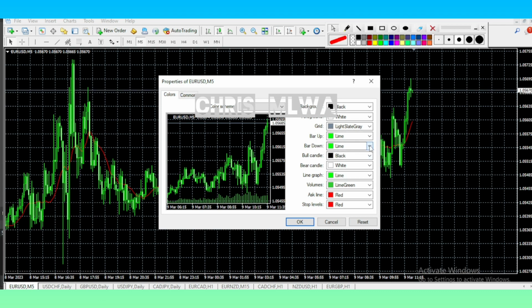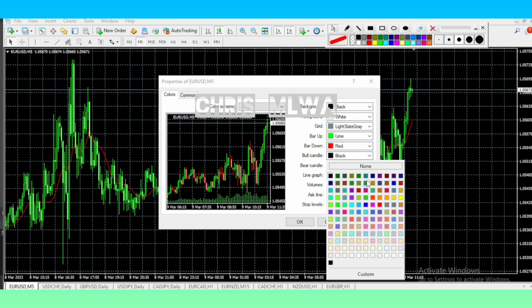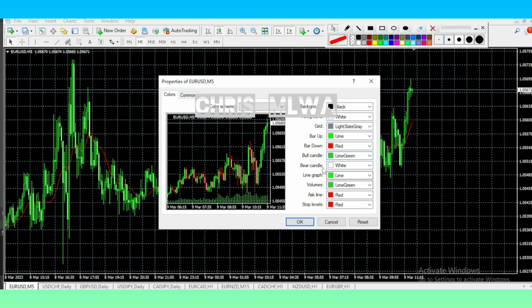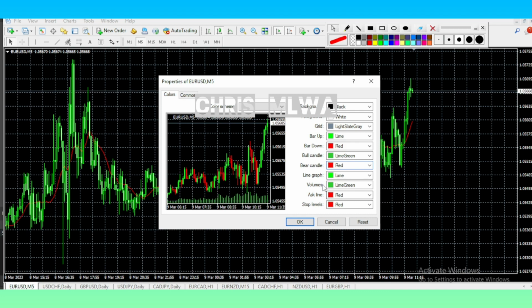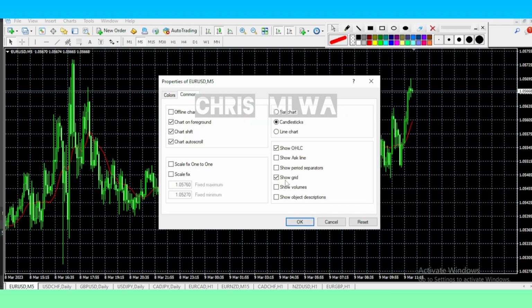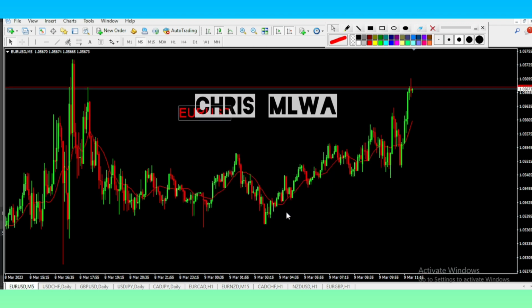Bar up, I leave it as green. This one I put red. This one is bull, means up. Bearish is down, red. The rest we go to common. We first remove show grid. I do not want to see the grid. We also want to show the ask line for us to see the spread. You can see that this is a little bit more appealing.